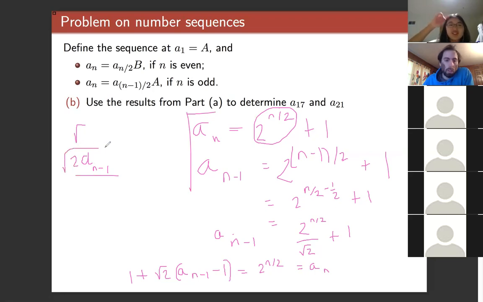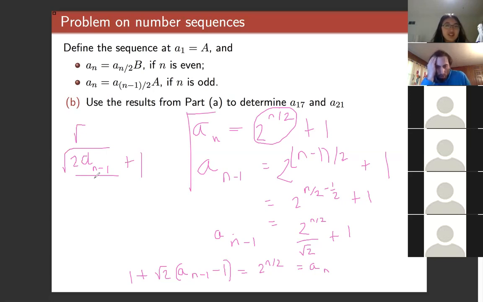Square root under, like this? No, it's a_n minus 1 times 2, plus 1.